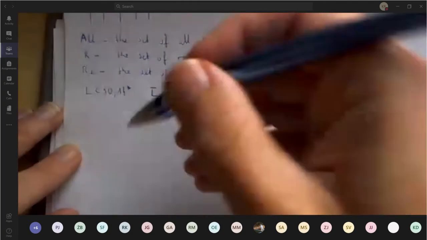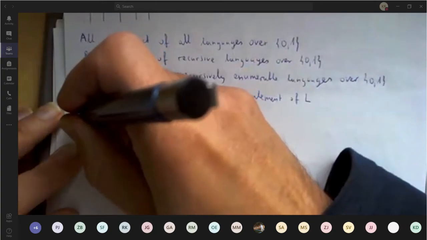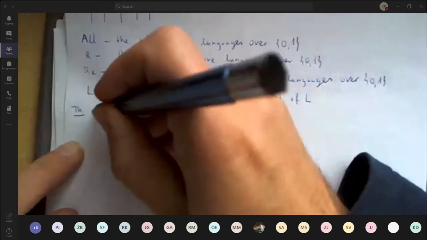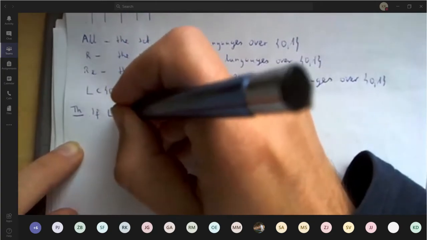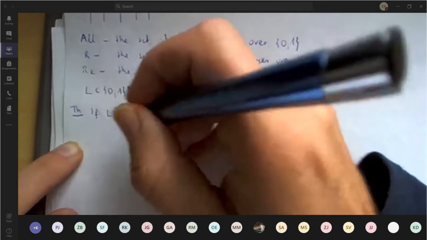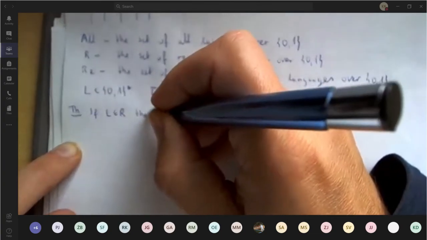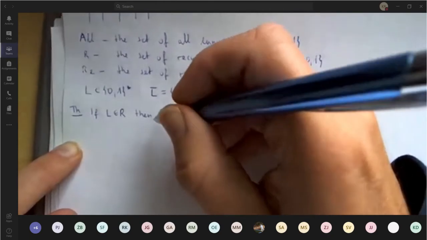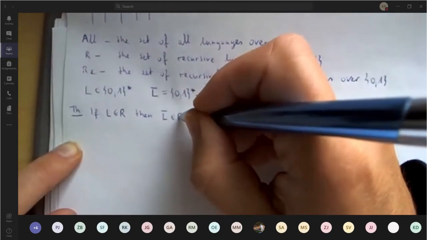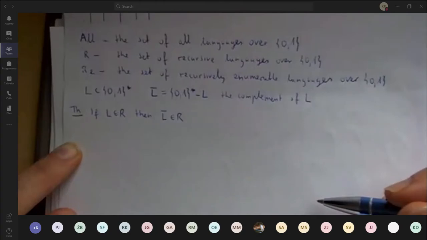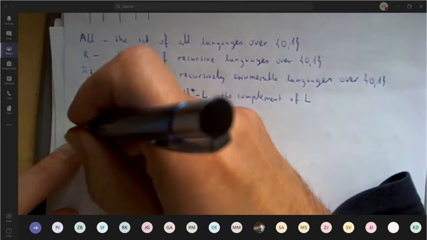Okay, so we have the following theorem. First theorem. If language L is recursive, then the complement is also recursive. Okay, let's see the proof.